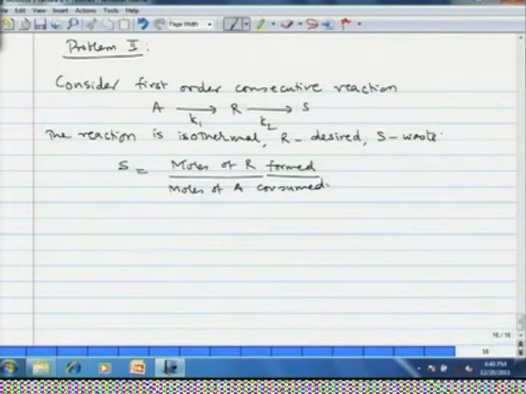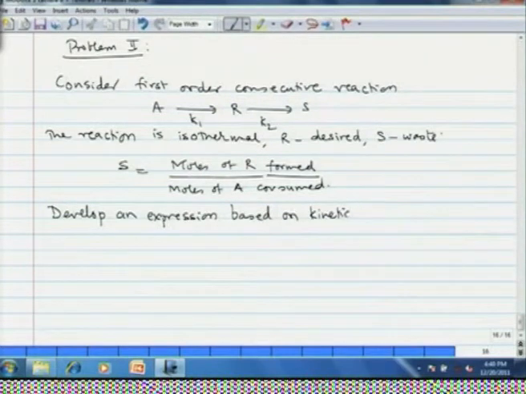And our task is to develop an expression based on kinetic analysis as how selectivity depends on conversion.